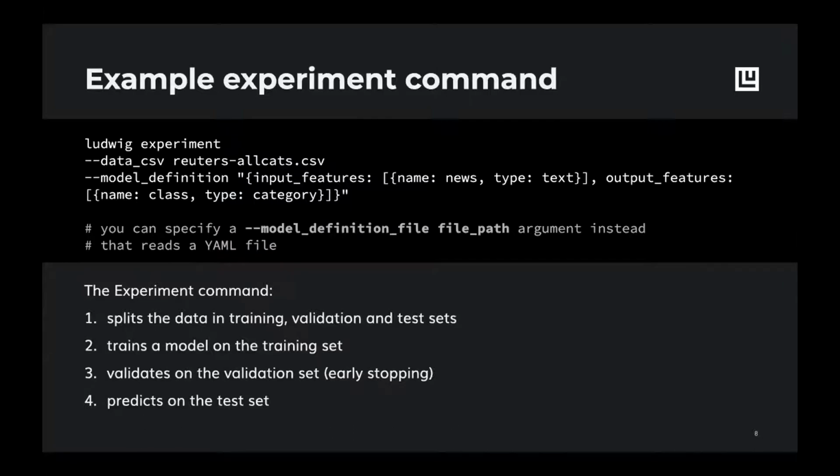What happens when you call this command is that what you obtain is a training process. So Ludwig trains a model first by doing a split on training, validation, and test, but you can also provide your own splits. The model is trained on the training set by validating on the validation set, and then predictions are obtained on the test set, and performance is evaluated on the test set.